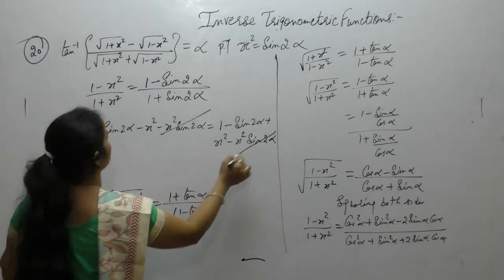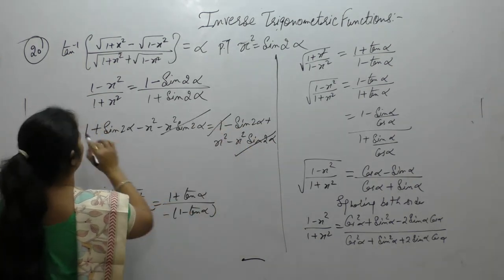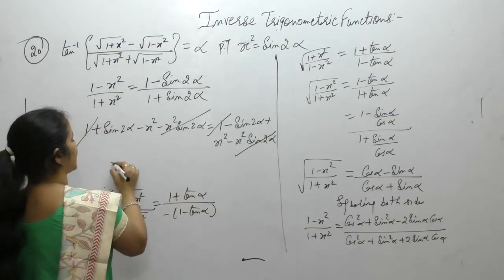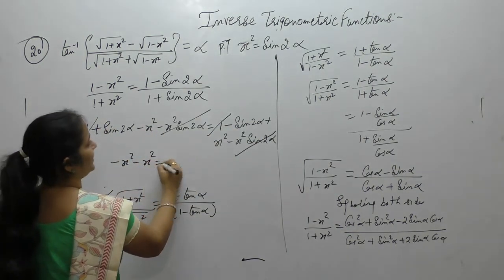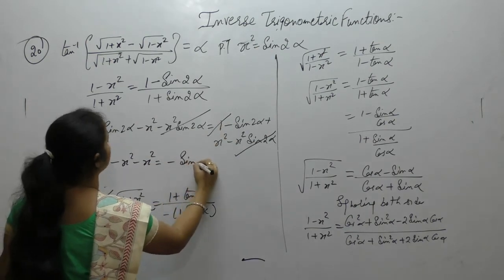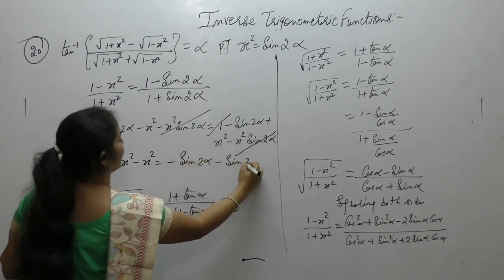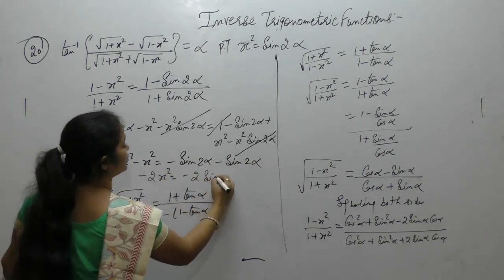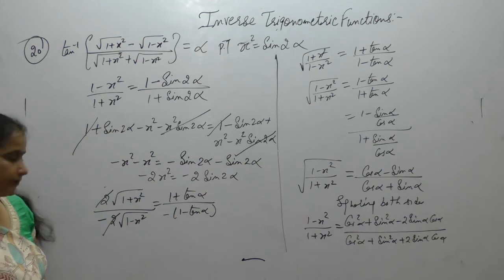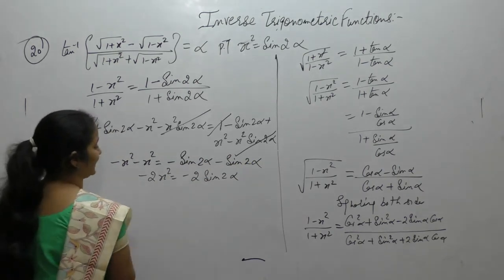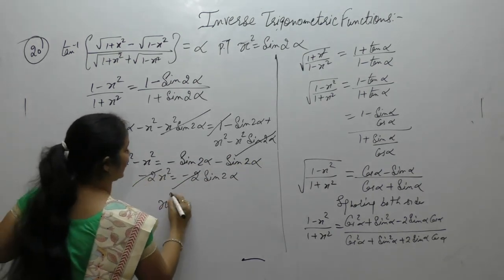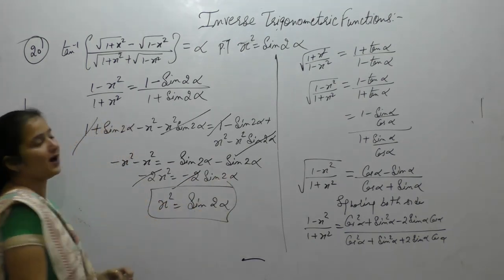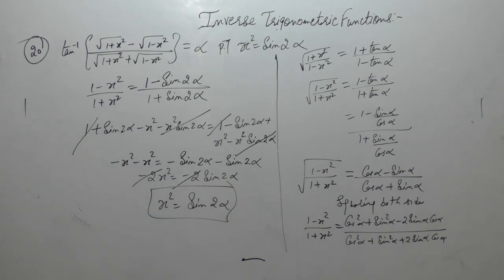The 1 will get cancelled, minus x² sin 2 alpha and plus x². When this x² goes on the left-hand side, we have minus 2x² equals minus 2 sin 2 alpha. Minus 2 will get cancelled from both sides. So we get x² is equal to sin 2 alpha. Note it down.